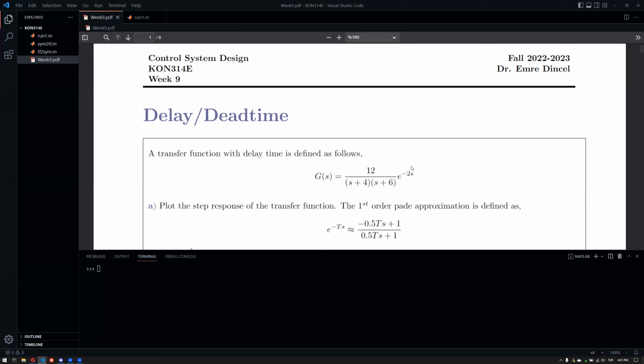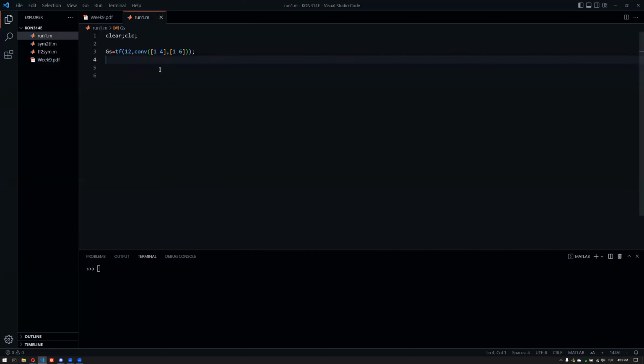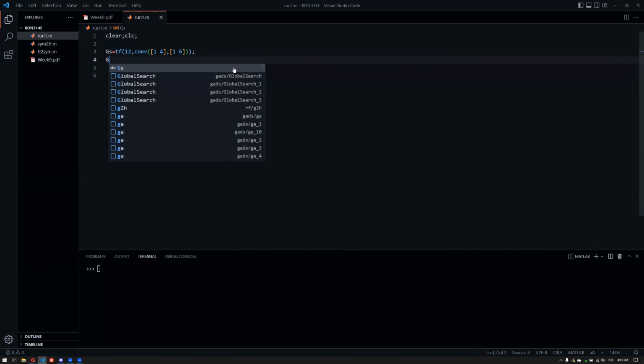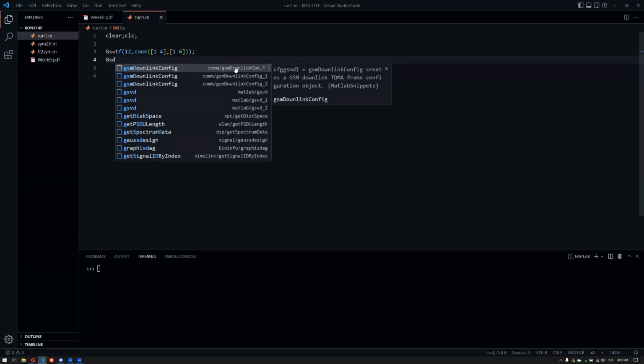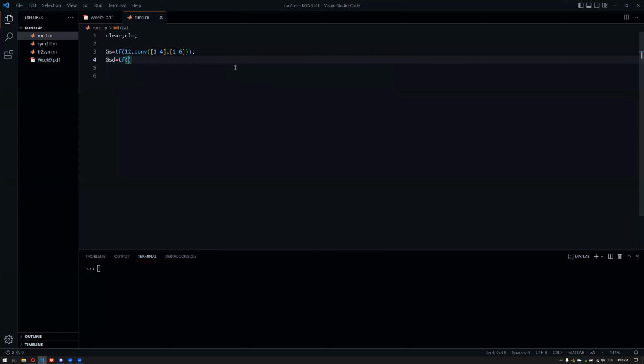So how can we define the system in MATLAB? How can we look at the step response of such a system? Well, basically what we do is we use a property here. So I've defined G(s) here. And if I want to have some pure delay here, I just define a transfer function that has no meaning. Basically this one here.